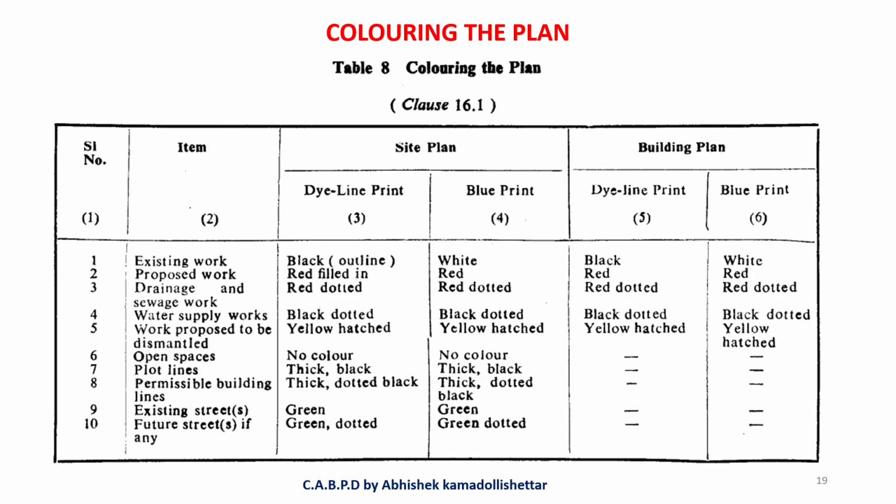So coloring the plan. I'm talking mainly about buildings. There are two types, site plan and building plan. For a building plan, existing work should be given in black on die line print, and on blueprint it is white.